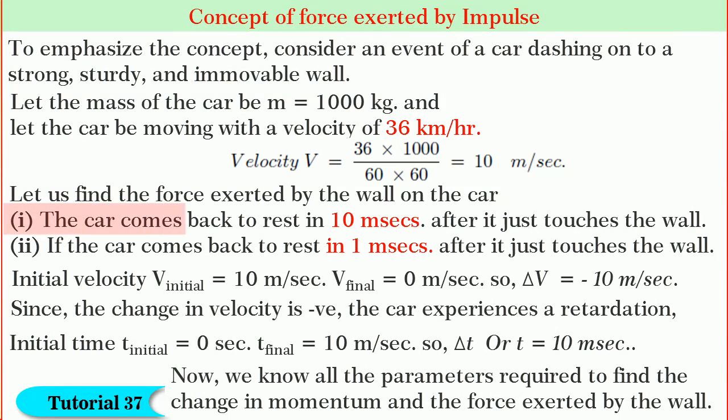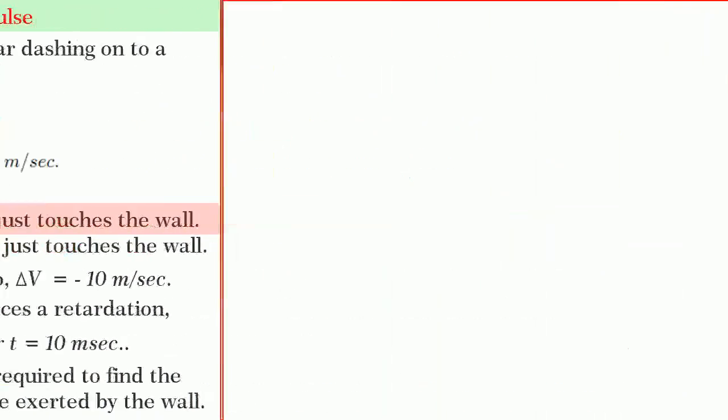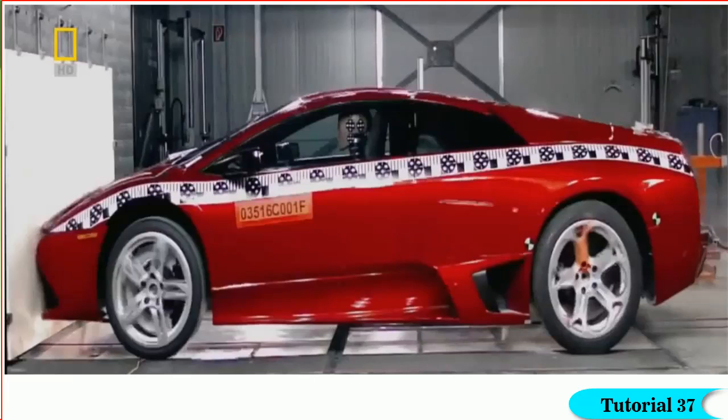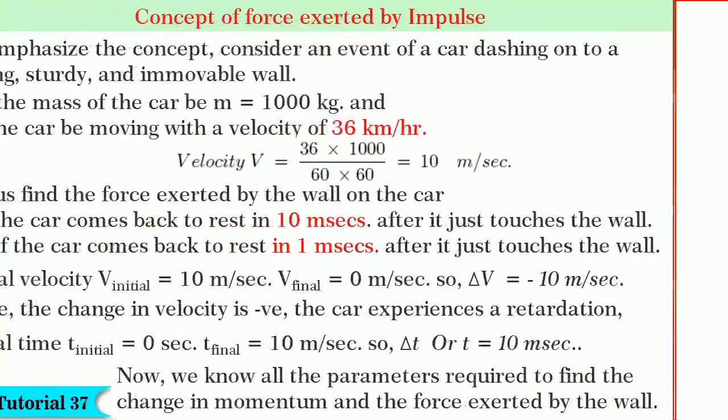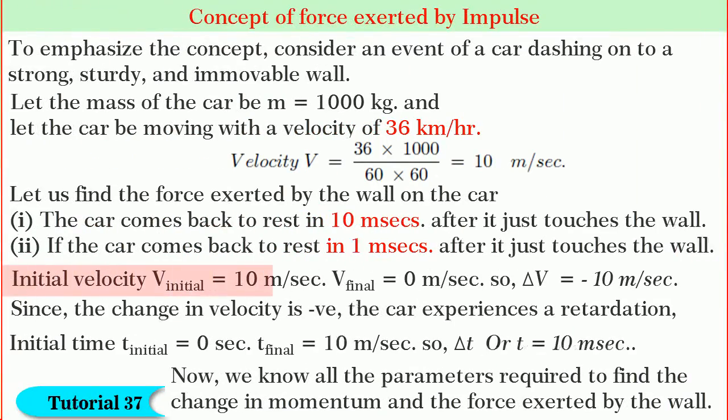Number 1, when the car comes to rest in 10 milliseconds after it just touches the wall, and 2, if the car comes to rest, say, only in 1 millisecond. V initial is equal to 10 meter per second, final velocity V final is equal to 0. So, delta V is equal to V final minus V initial, which will give us minus 10 meter per second.